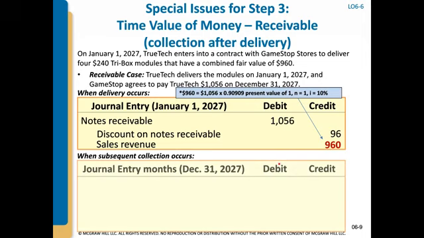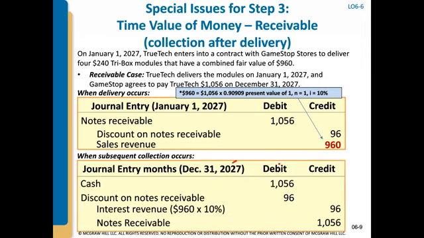So at the end of the year, when GameStop actually pays TrueTech, TrueTech is going to record cash for the $1,056. So they're going to debit cash. They're going to take off that notes receivable for $1,056 that they booked on January 1st, right? They have to remove that off their books, so they're going to credit notes receivable.